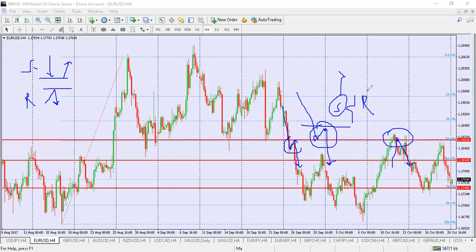A resistance. Do you get me? Along the way, you will see some examples of that. A certain point will serve as a support, then along the way, it will serve as a resistance too. That's the same price, so we call it a dual. That's a support and a resistance at the same point.